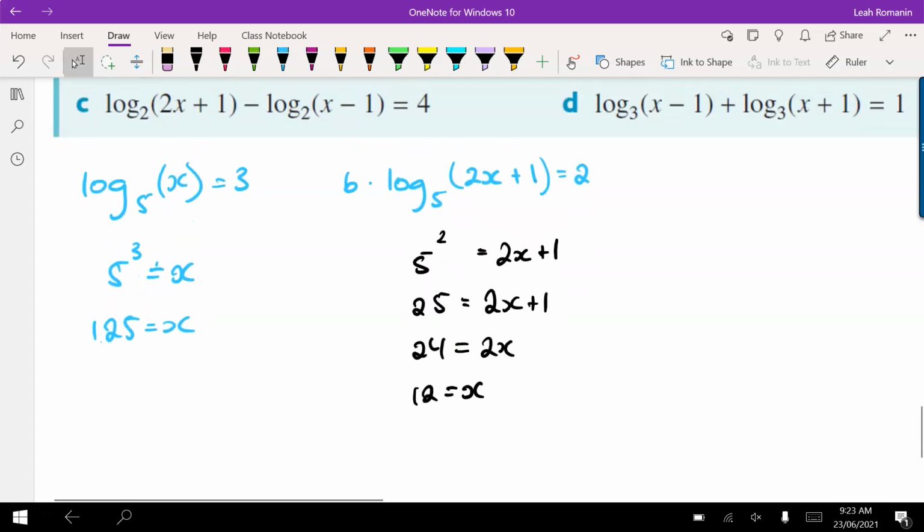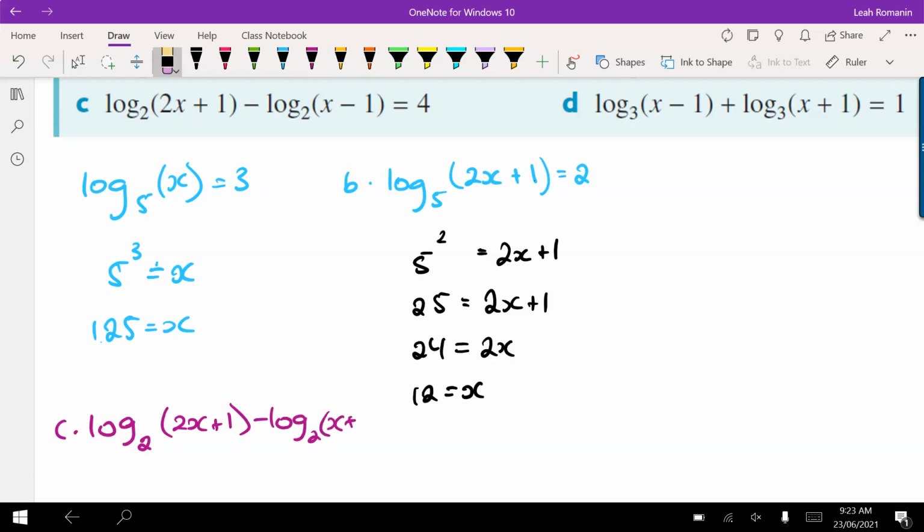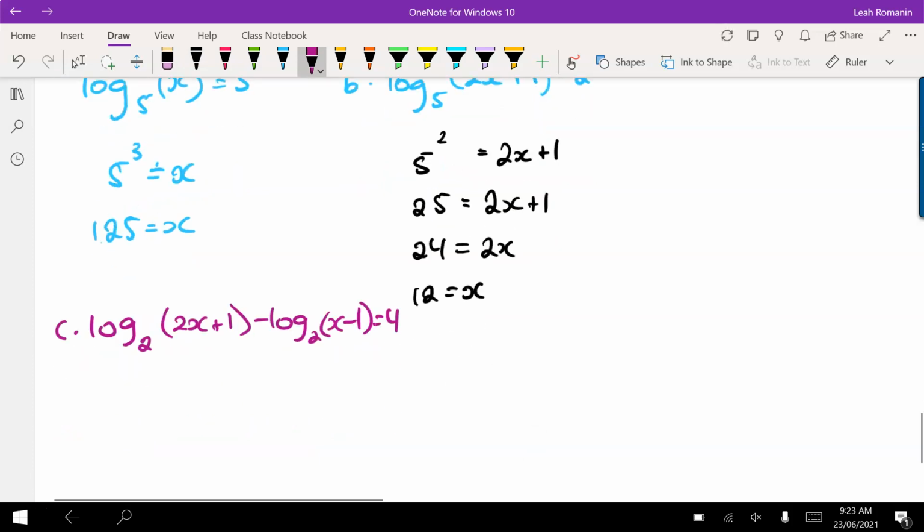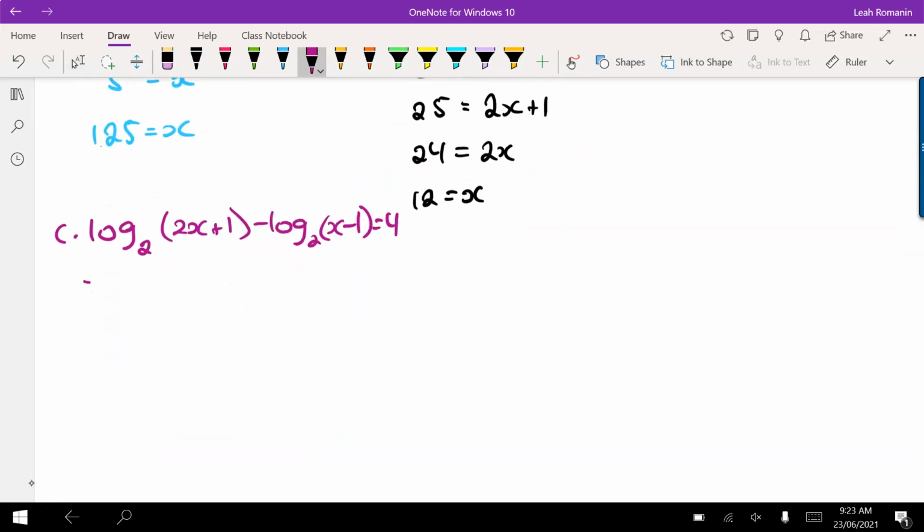Okay. Now I've got C. I've got 2 logs: log 2 of 2x plus 1 minus log 2 of x minus 1 is equal to 4. Okay, does someone want to suggest how I'm going to get started?